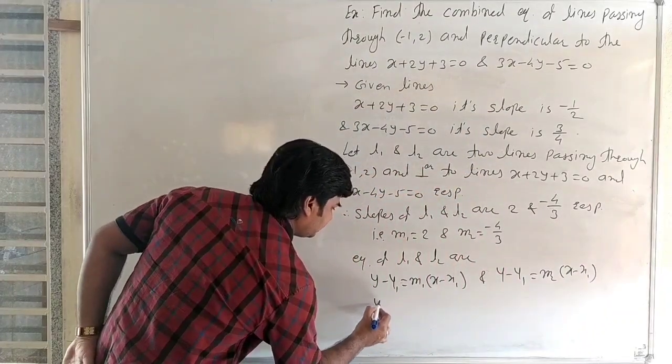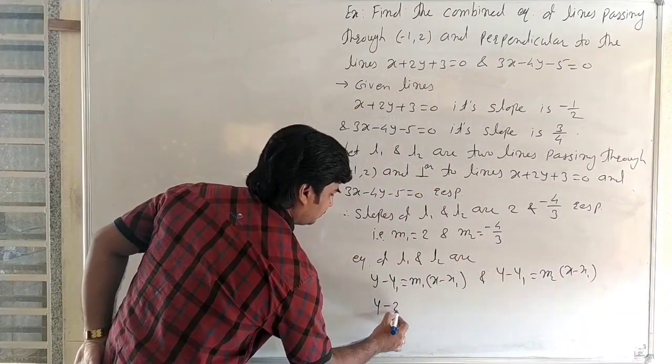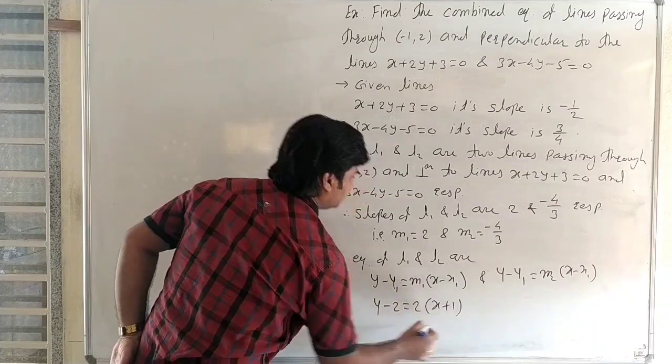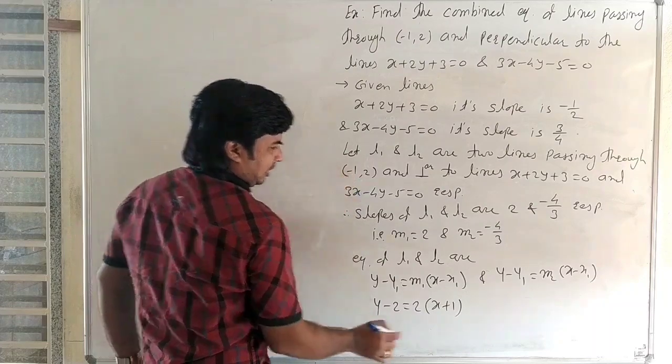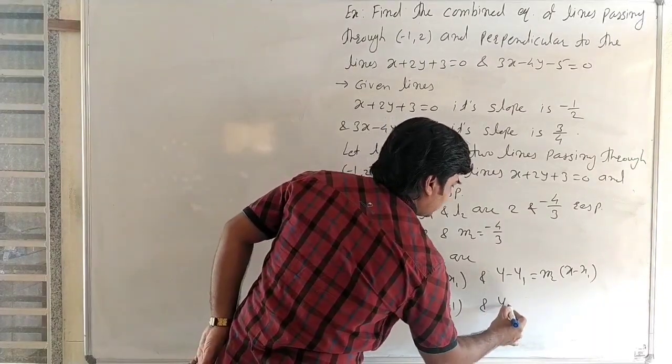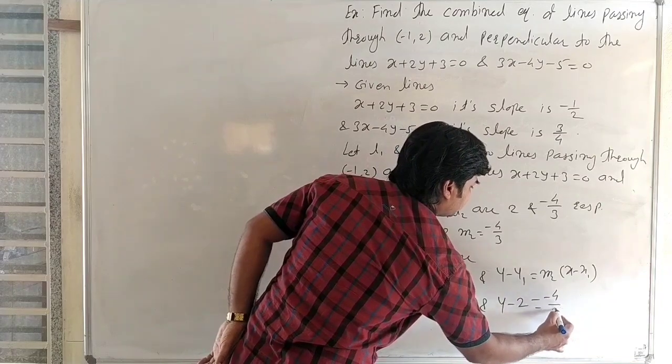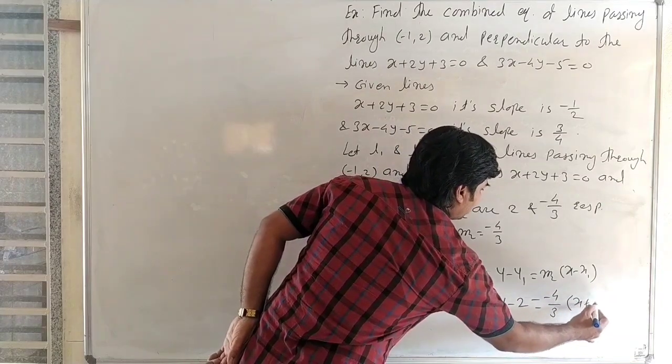Therefore, we can write y - 2 = 2(x + 1), where x1 is -1, and y - 2 = -4/3 (x + 1).